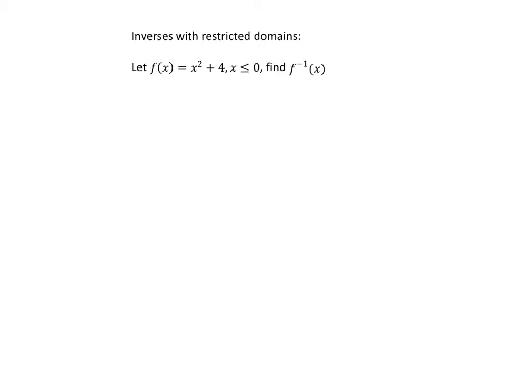All right, the next thing we're looking at is inverses of functions with restricted domains. Now, the domain of the function we're looking at is 0 or negative values of x, because in this function we are allowed to put in those negative values of x. And I will show you exactly how that restricts the domain. First thing we want to do is find the inverse.